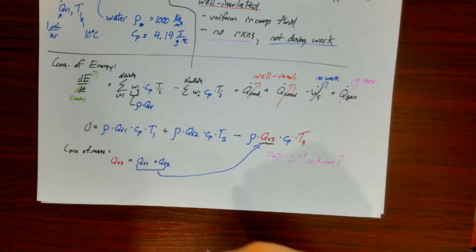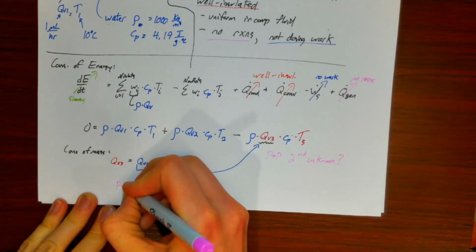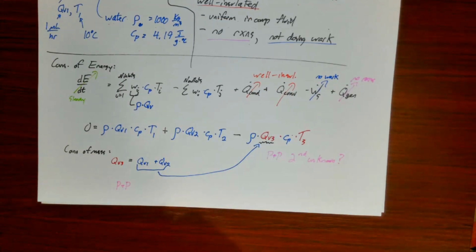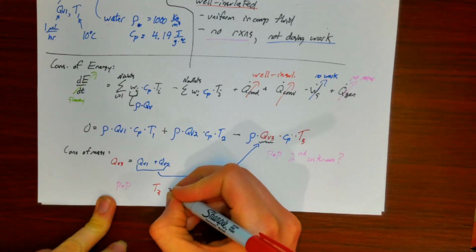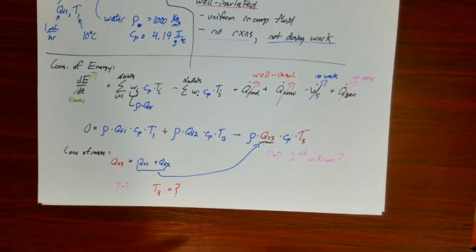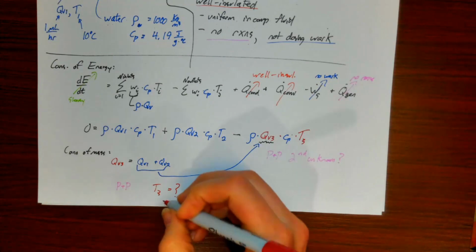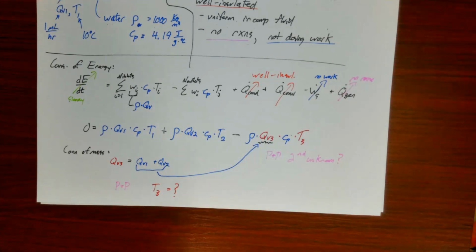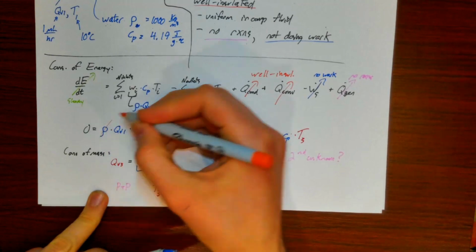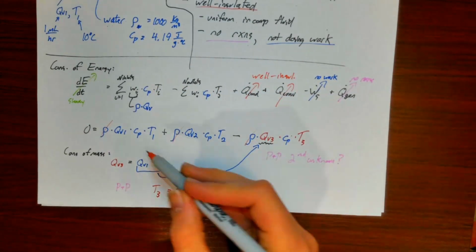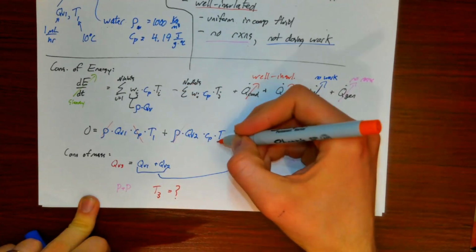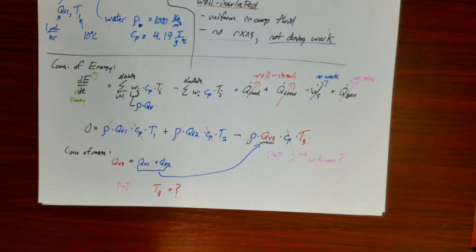So now I encourage you to pause and ponder. What's T3? Take a moment now, pause the video, ponder, try to work it out. What's T3? Well, if you do the algebra, you notice all of these terms have rho, so we can divide through everything by rho, and all of them have the same Cp, so we can divide through by Cp as well.